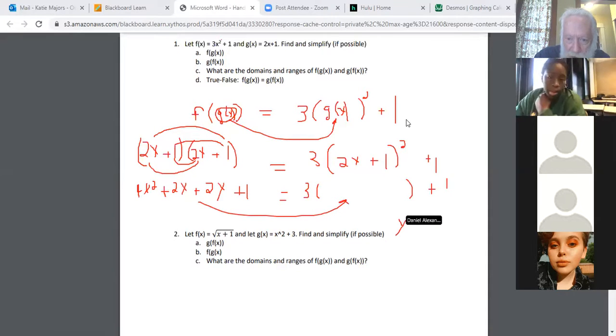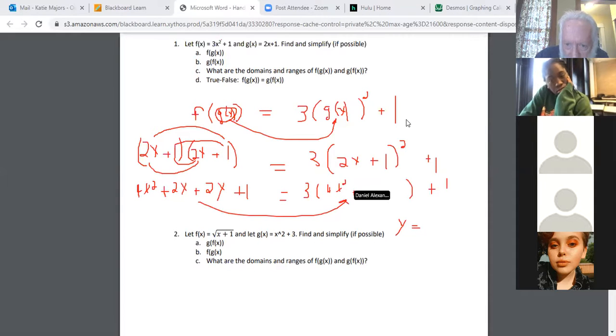Yeah, so what you want to do is simplify everything. Say that again, what you have for your final, and is this for g of f or f of g? The letter A. So the one you're still working on. Right, yeah. So I got y equals 4, and then in parentheses 3x squared plus 3x plus 1.